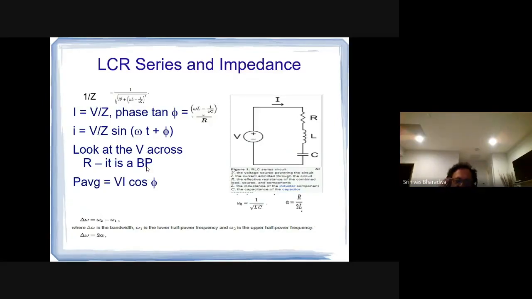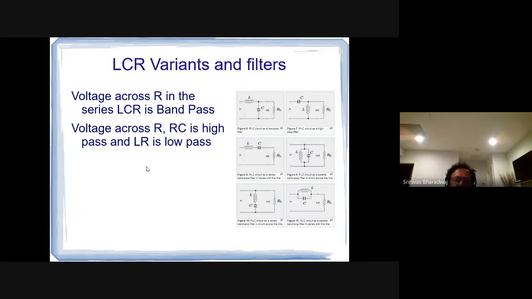An RL circuit will behave like a low pass. Okay, and an RC circuit will behave like a high pass. Okay, so using that, you will end up with a huge set of variants, 1, 2, 3, 4, 5, 6 variants.